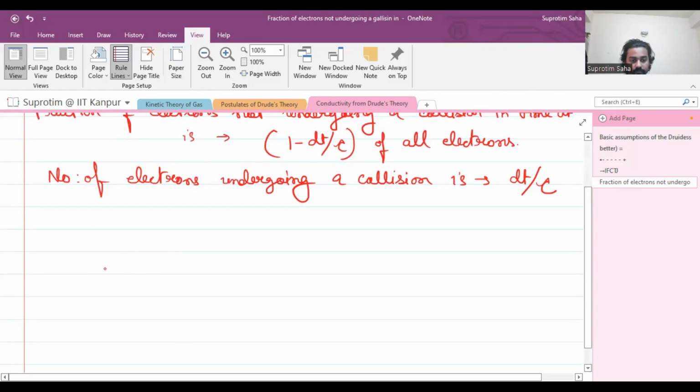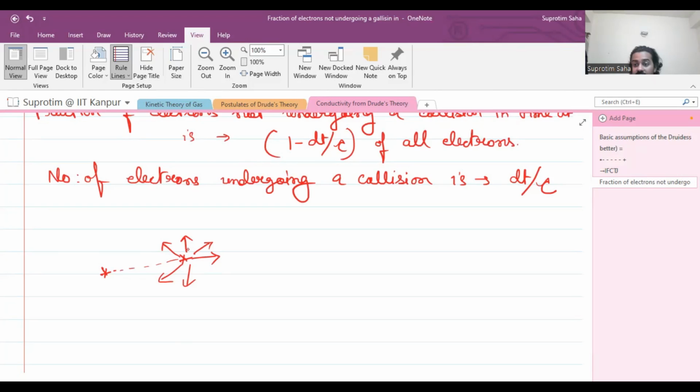So the electron was in this position. It has undergone a collision. Now it can go in each direction, every direction being equally probable.